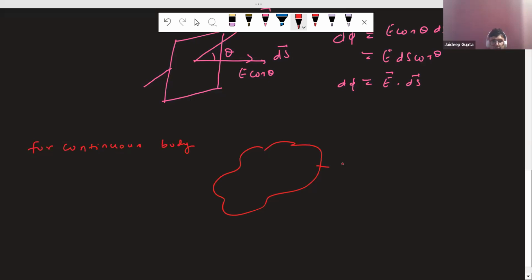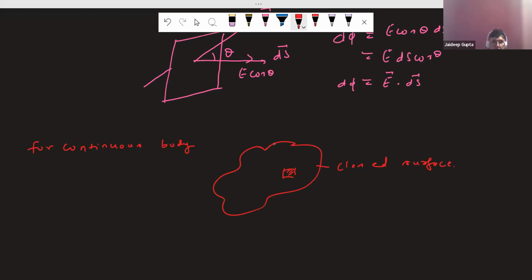This is a closed surface. Let it be a small area.